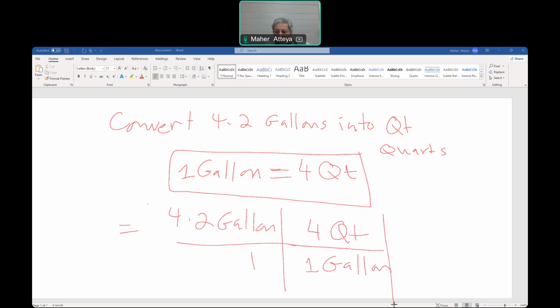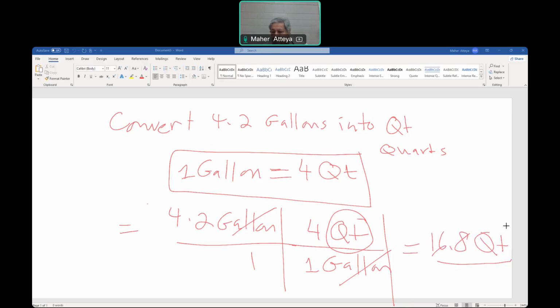So now we have gotten rid of the gallons. We have only left the unit QT. Now, you multiply those together, and as you can see, 8.16, correct? Everybody following? 8 and then 16 QT.